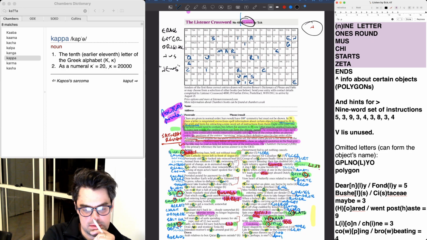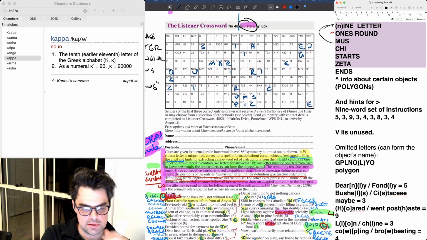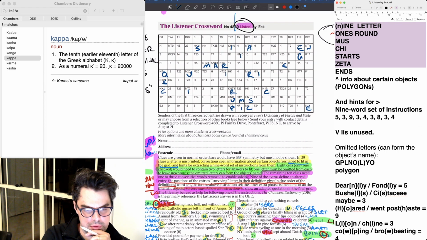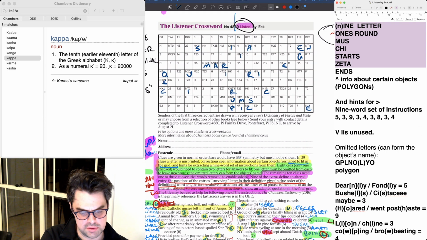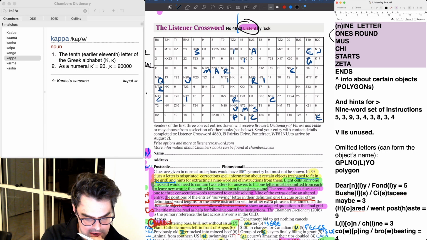which suggests to me that when we're not looking at another puzzle, this is the end stage of the puzzle. This is the end stage of the grid. We don't have any instructions left to follow, I don't think.